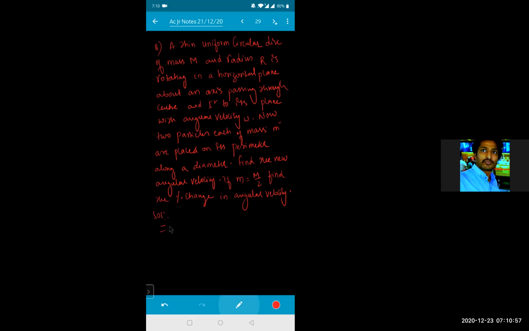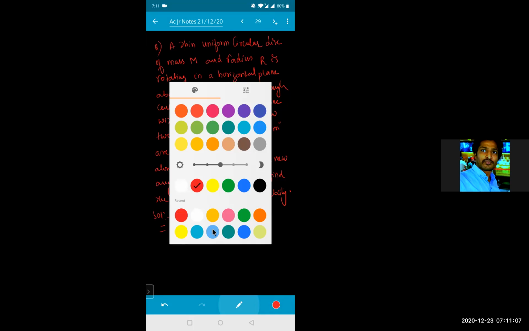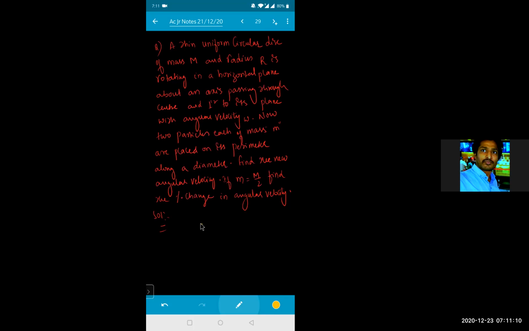Okay, read the question carefully. We have a thin uniform circular disk of mass capital M and radius capital R. It is rotating in a horizontal plane about an axis passing through the center and perpendicular to its plane with angular velocity omega.